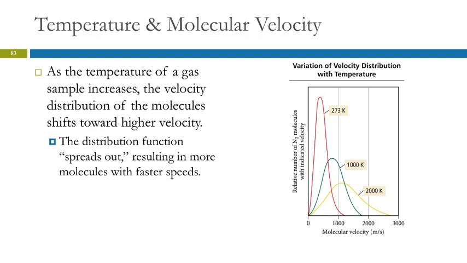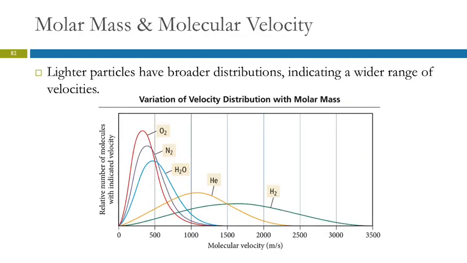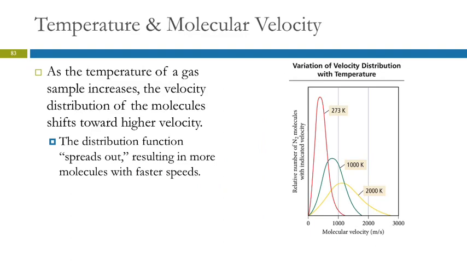So that is variation of velocity with molar mass at a particular temperature. When we increase the temperature of a particular gas, we also see that the distribution spreads out. So this is a single gas at 273 Kelvin.